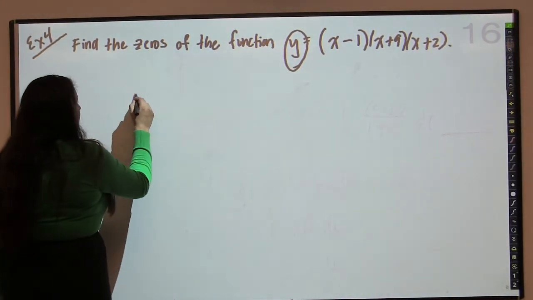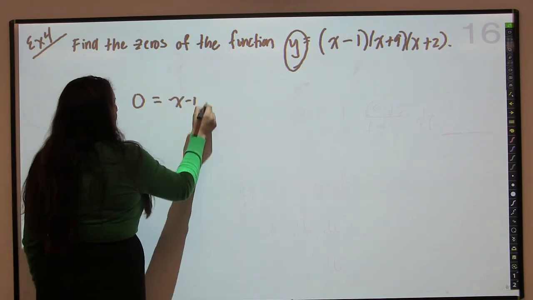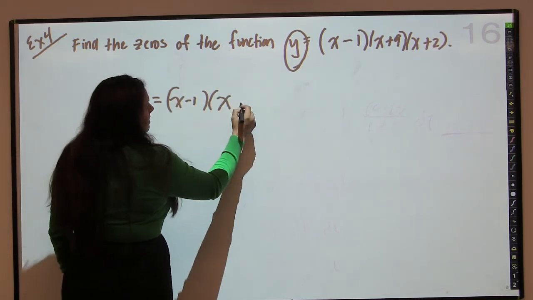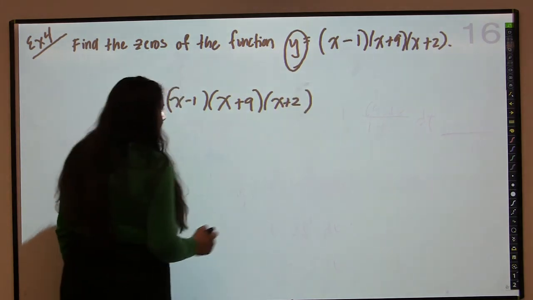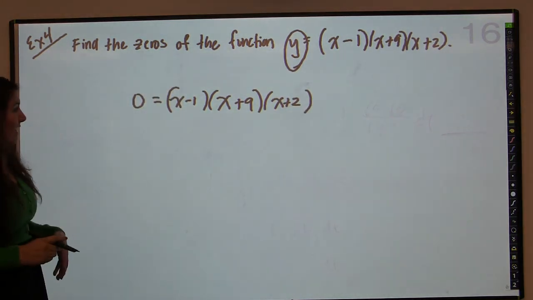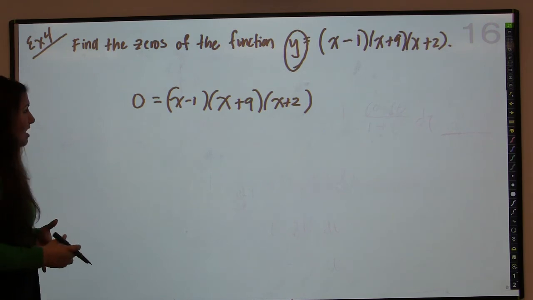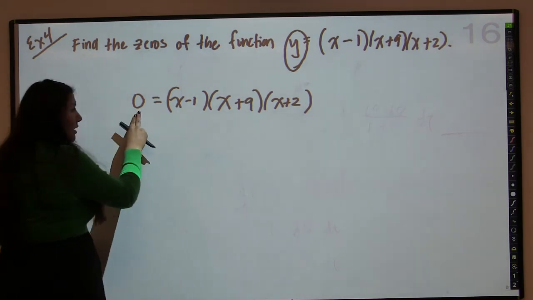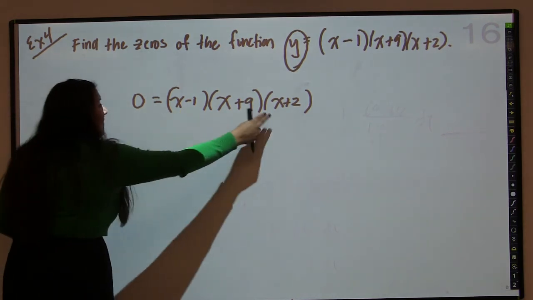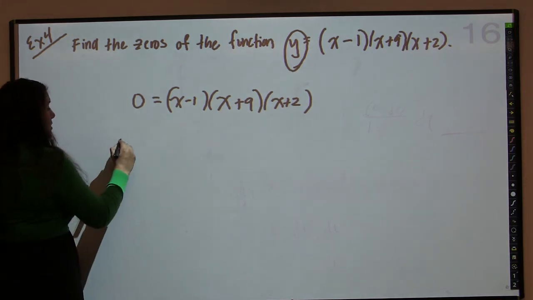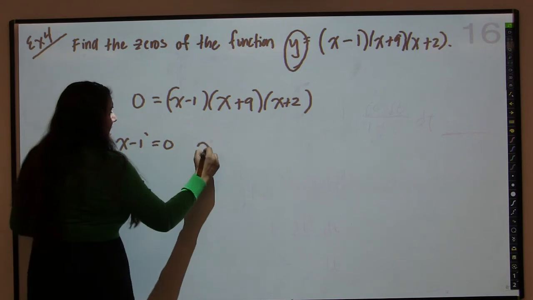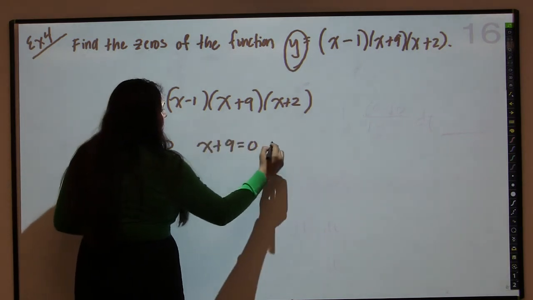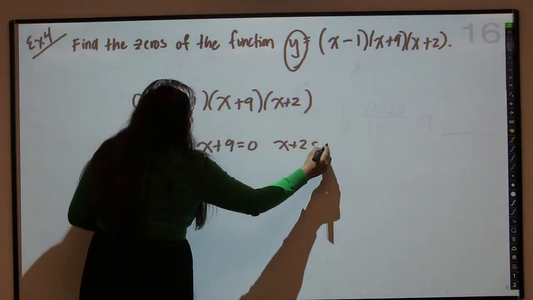So I'm going to say 0 equals x minus 1, x plus 9, and x plus 2. And like before when we had quadratics and we were solving quadratic equations and we only had 2 factors equal to 0, that means that any one of these factors could be equal to 0. So x minus 1 equals 0, x plus 9 equals 0, x plus 2 equals 0.